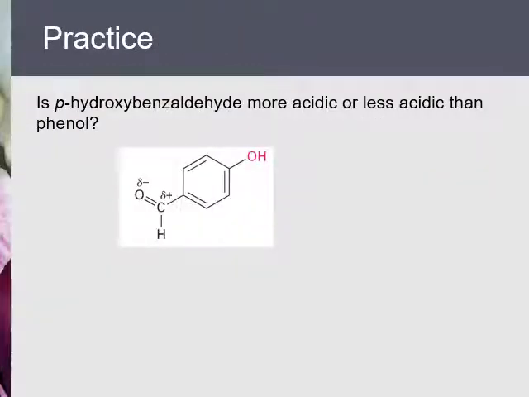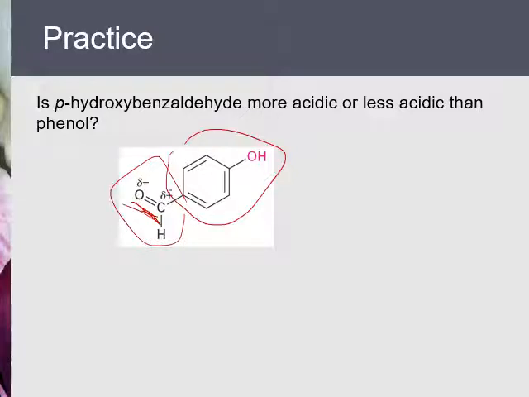Practice: is para-hydroxybenzaldehyde more acidic or less acidic than phenol? Here, benzene with a hydroxy group is actually a phenol. The substituent is an aldehyde. Aldehyde contains a C=O double bond, and that makes it an electron withdrawing group.